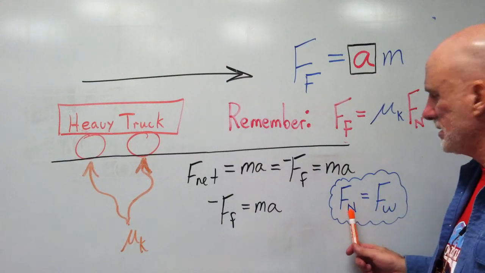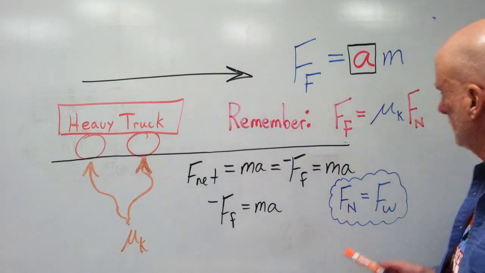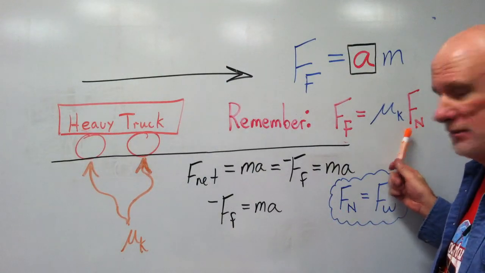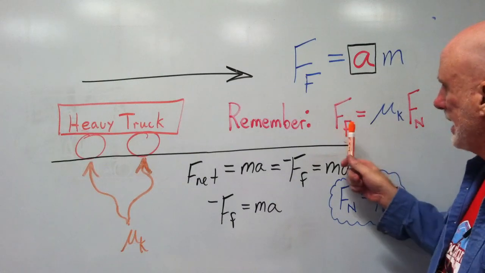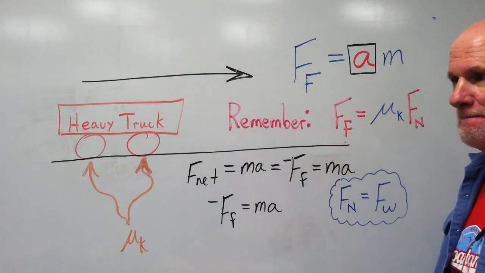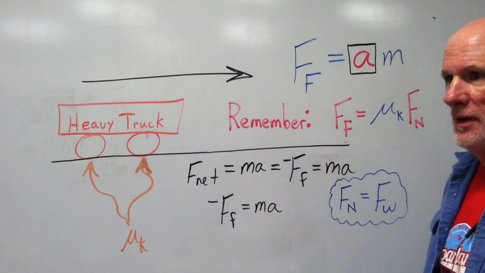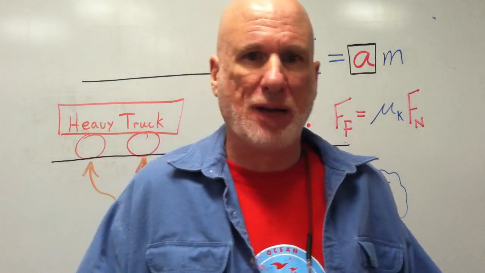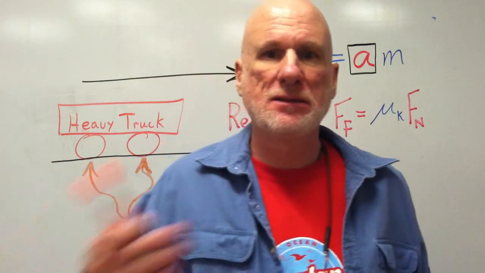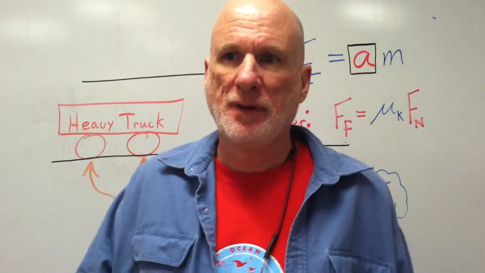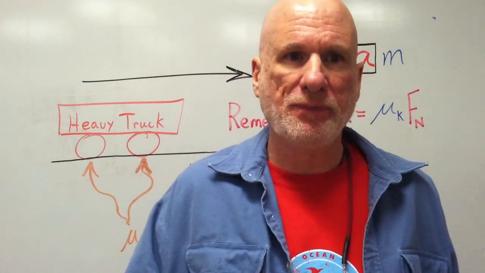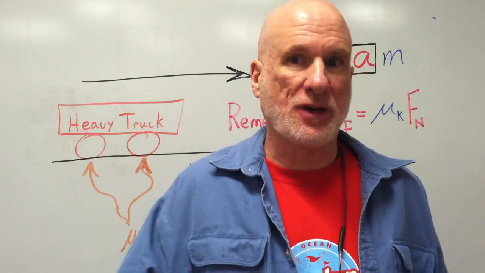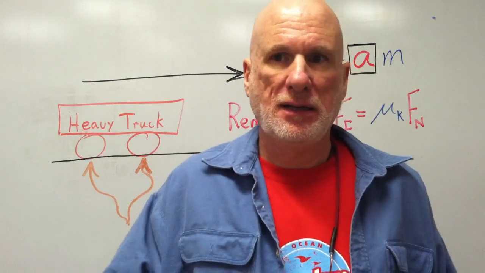I double the weight, I double the FN. I double the FN, I double the friction. So, you see that mass and friction are both doubling. I double the mass, I double the friction. The friction is the same before and after.